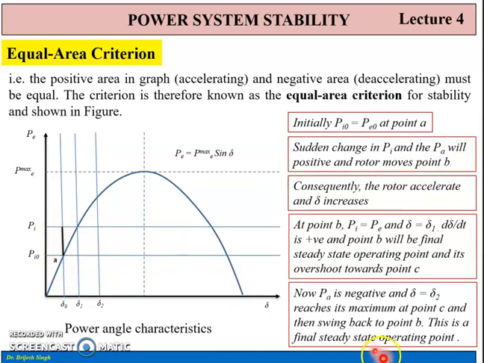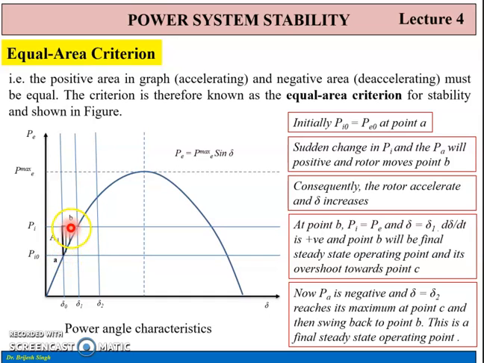So the rotor moves from point A to point B, and the electrical power generated goes up from Pi0 to Pi1 at point B. So power increases because of the sudden change.